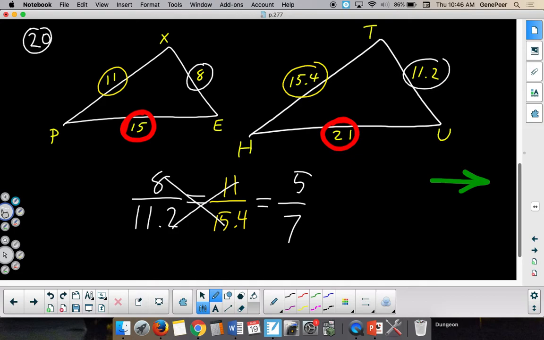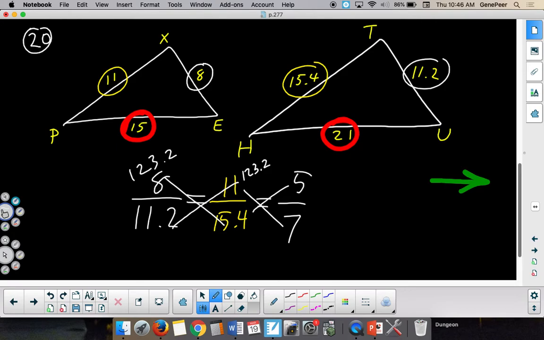8 times 15.4 is 123.2. And then we have, clear, 11.2 times 11 is 123.2. How about that? 123.2. Is that enough to settle the issue? No, it's not. Because I also have to check the 5/7. So I'll also do the 5 times 15.4 and the 7 times 11.